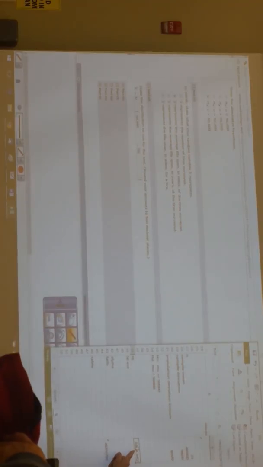So to calculate my standard error, I'm going to take the 8,000 divided by the square root of 31. So that gives me a standard deviation of 1,436.84 miles.